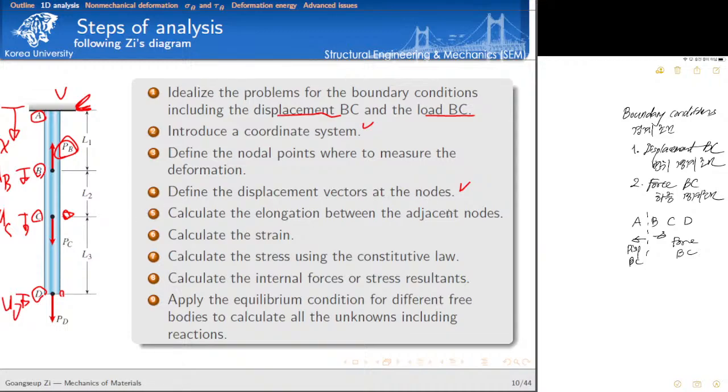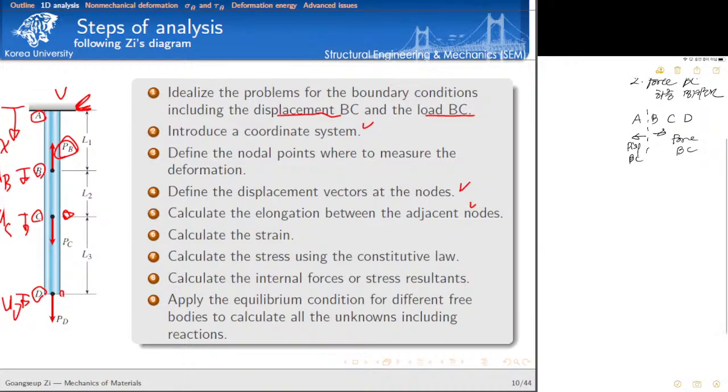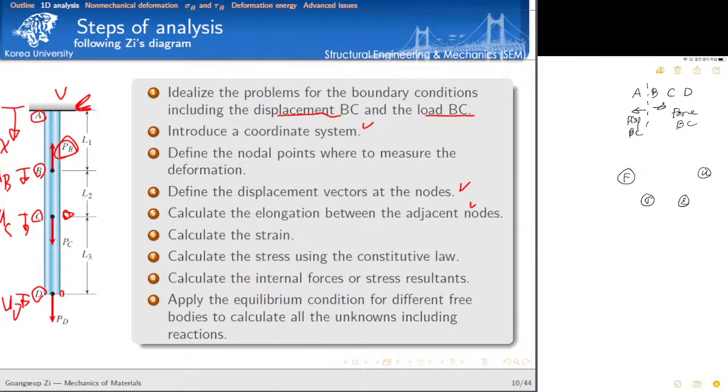And then the fifth step, we need to calculate the elongation. So look at this. Please keep in mind this diagram: stress, strain, and displacement. We can do our analysis from the force, the stress and strain, and the displacement, or we can start from the displacement.